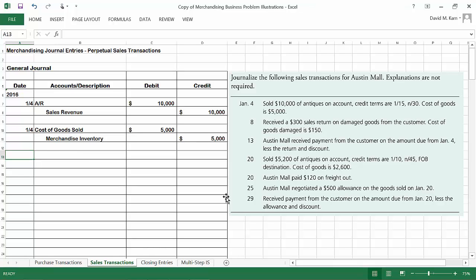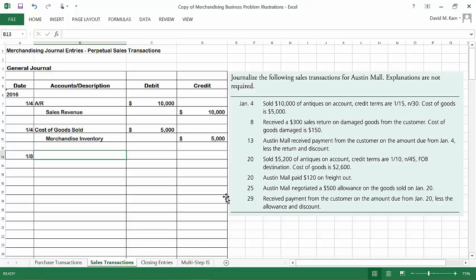Okay, then we get to the 8th, where we received a $300 sales return on damaged goods from the customer. Cost of goods damaged is $150. In this case, we'll also have two journal entries to do. One to record the actual return from the buyer, and the other to record the inventory coming back in.